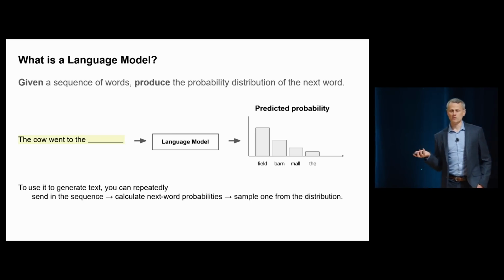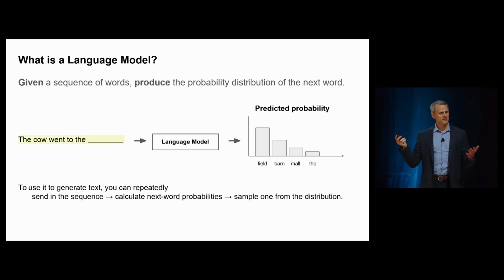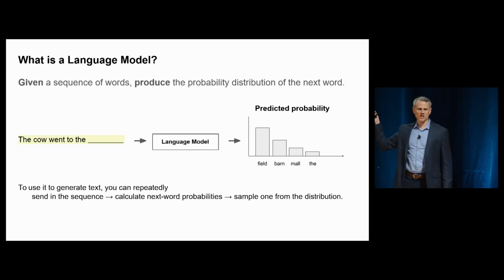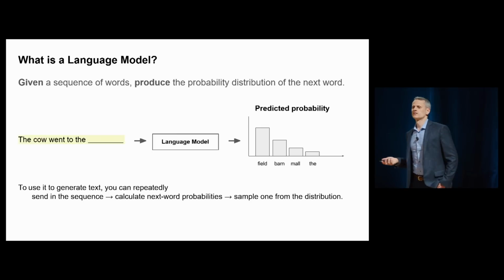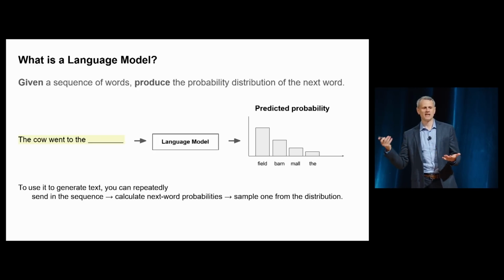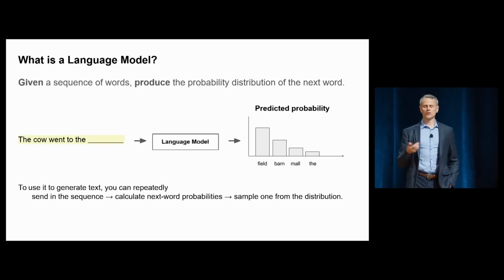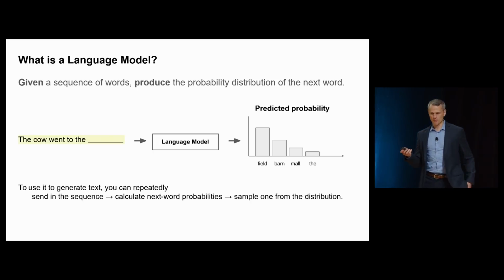I'll highlight one, which I think is very important, and that's the size of the sequence that the model can use to predict the next word. So it's not just predicting a word that makes sense at a sentence level, "the cow went to the barn," sure. It's predicting a word that makes sense in the context of a paragraph or a page or a document, a large context, it would be called. And I think it's one of the main things that makes the modern models very powerful.